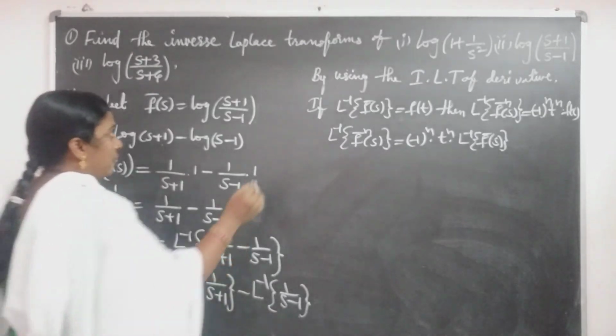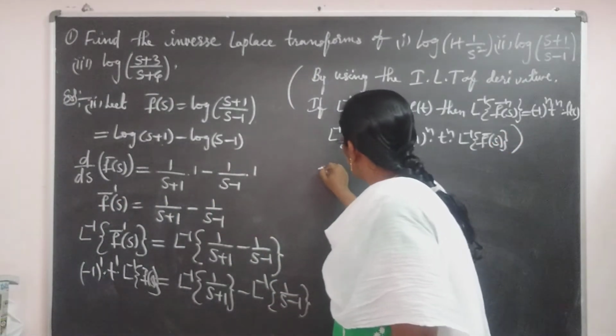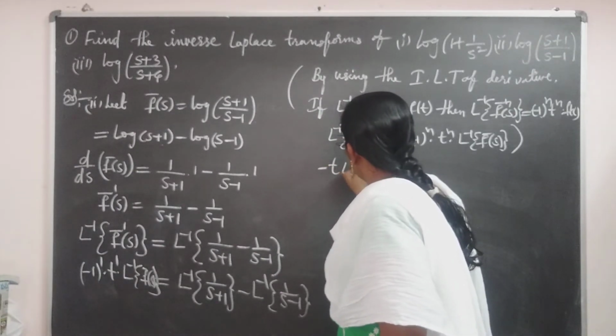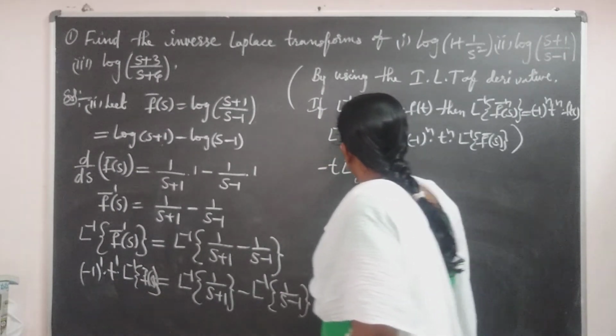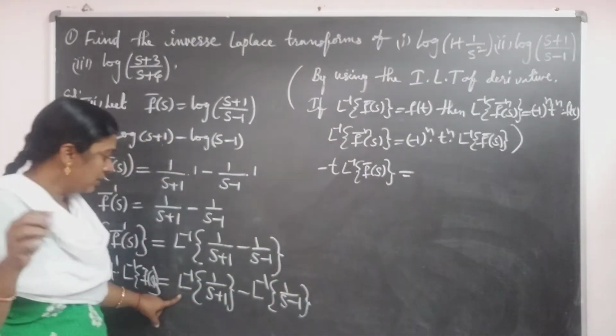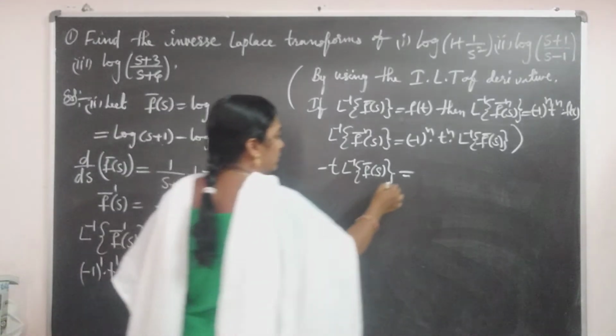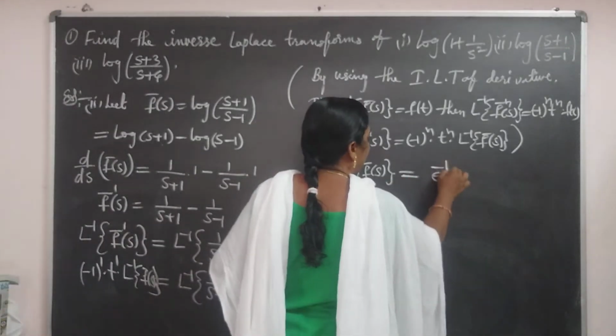By this, that is minus t L inverse of f bar of s is equal to, we know that by using the inverse Laplace transform property, it is equal to e power minus t.